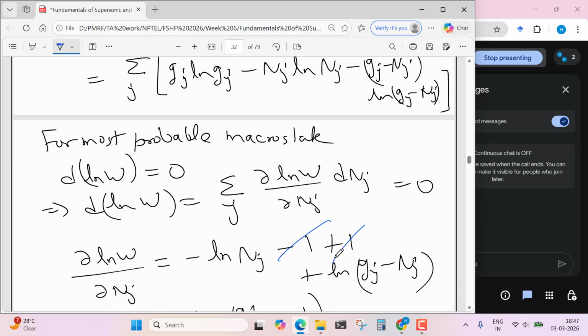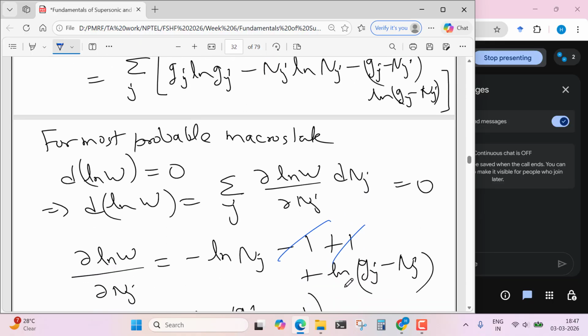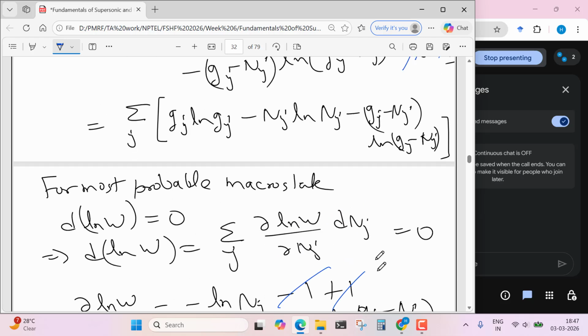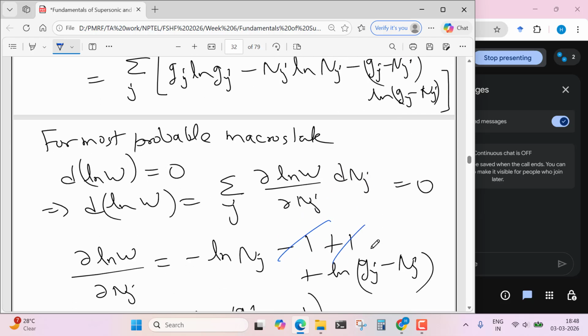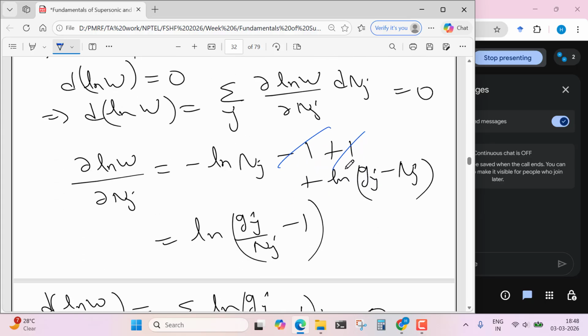So we will get minus log Nj minus 1 plus log Gj minus Nj plus 1. This minus 1 and plus 1 will cancel out and we will get log Gj minus Nj upon Nj.